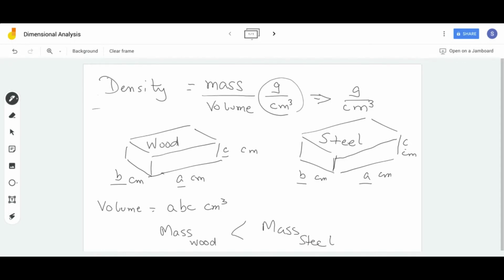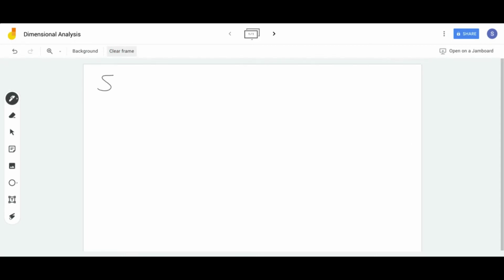Next, we can talk about speed. When we talk about speed, we all know what speed is. Not the movie, we're not talking about the movie here. Let's say we've got a car or a truck, whatever you want. So let's say it's some sort of a truck.